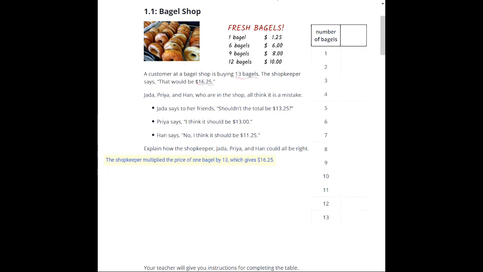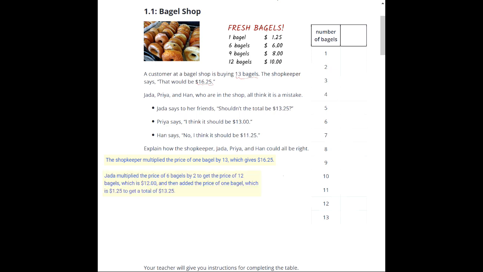So the shopkeeper takes the price of one bagel, which is $1.25, multiplies it by 13, which is how many bagels are purchased, and that's going to give us $16.25. Okay, so the shopkeeper could be right there.